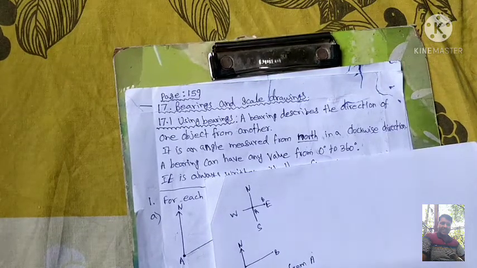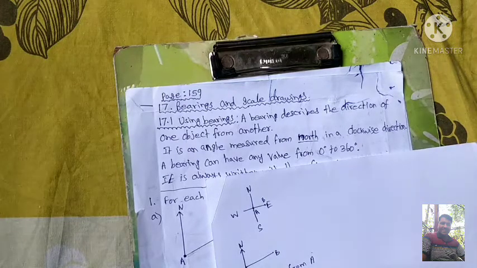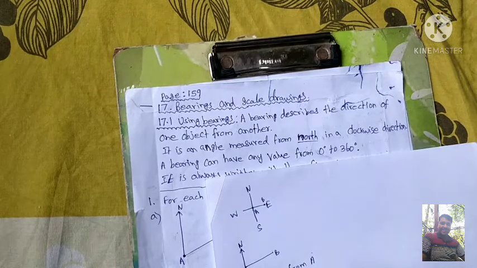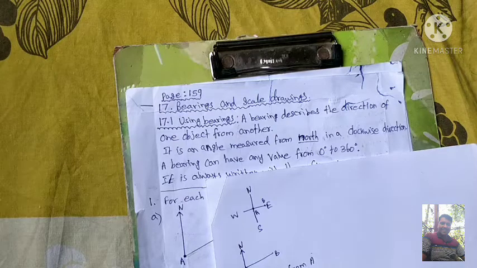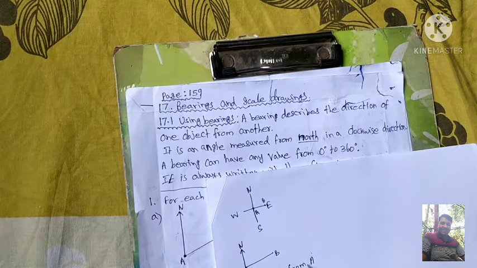So we are going to measure the angle B from A, or they can ask like this: bearing of A to B. That means bearing from A to B. So the starting point is A, the ending point is B. Here also the same thing. B from A means the starting point is A and the ending point is B.